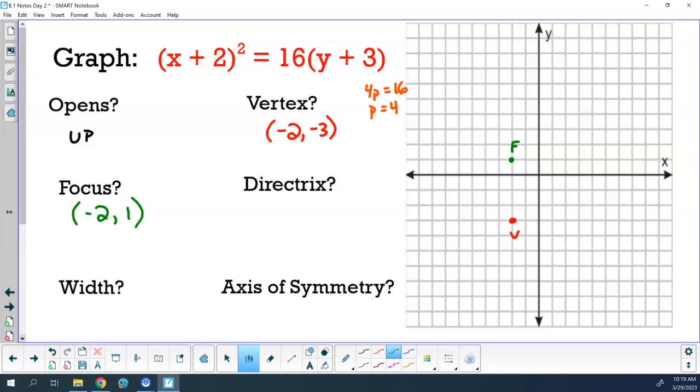My directrix would be down 4. So that would be y equals -7.